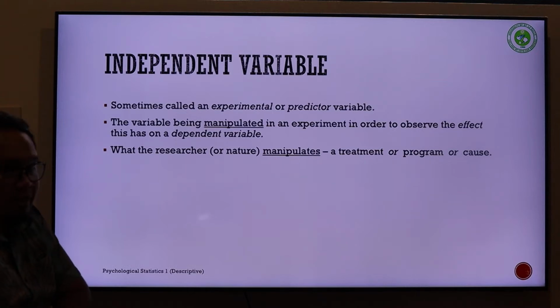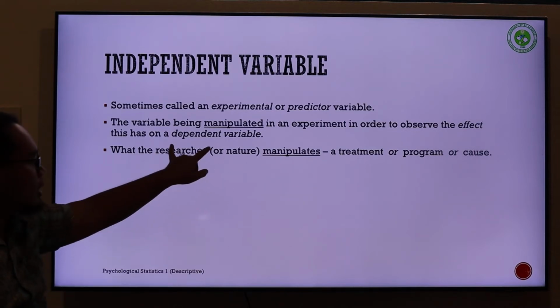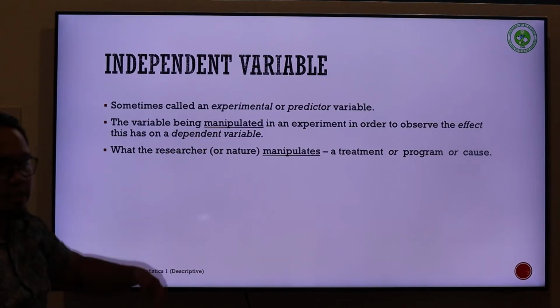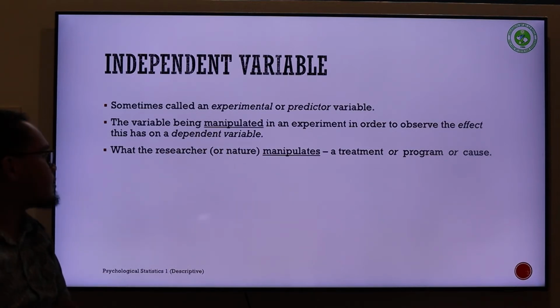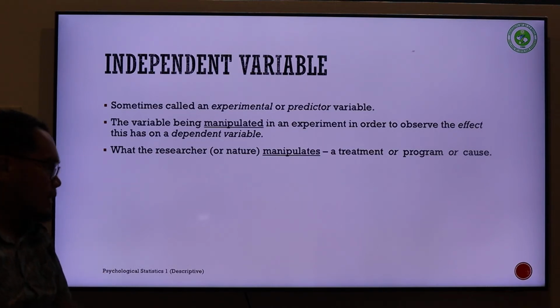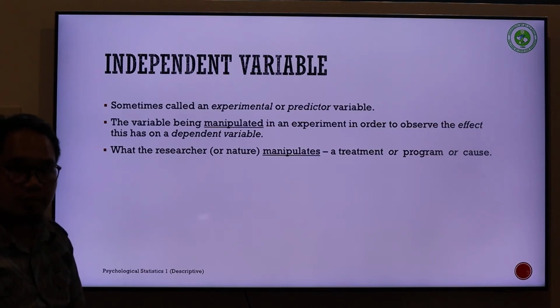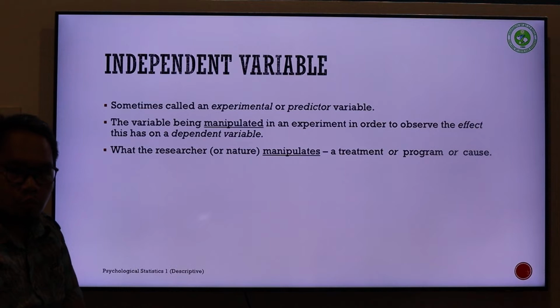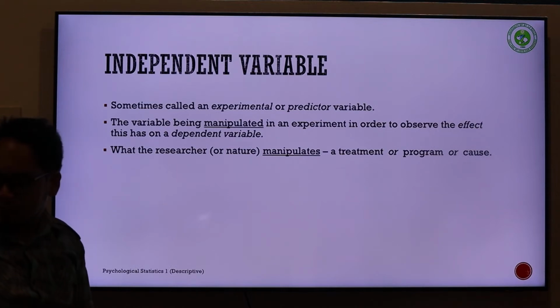It is the variable being manipulated in an experiment in order to observe the effect this has on the dependent variable. It's the one that the researcher manipulates. It is a treatment, a program, a cause. It may be a group as well in some social science researches. We're the one who chooses the independent variable and manipulates it.